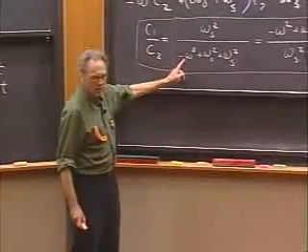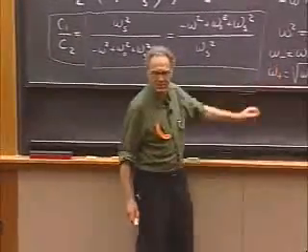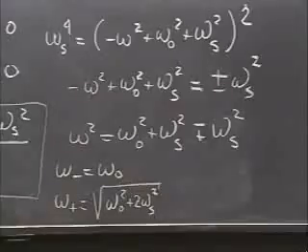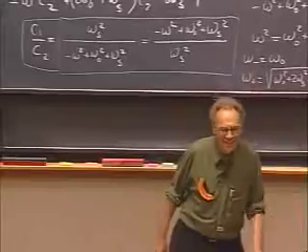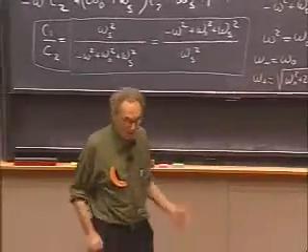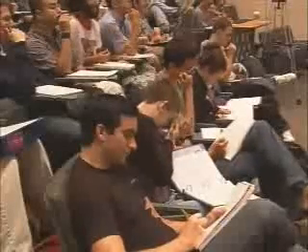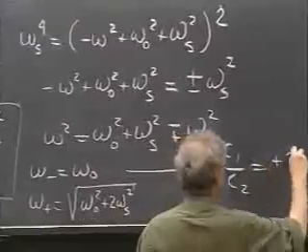And look at this equation. Substitute in here for omega squared, substitute in omega minus. Then you get an answer for C1 over C2. What do you think that answer is? Plus 1. So you get C1 over C2 is plus 1.